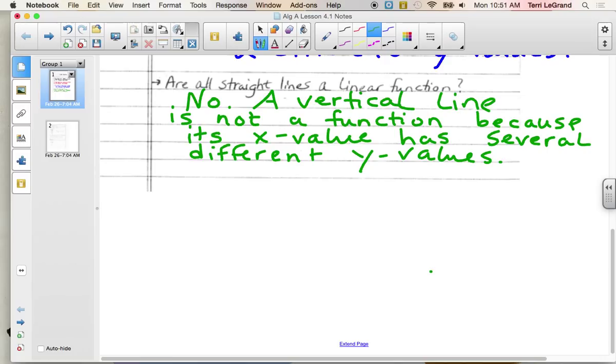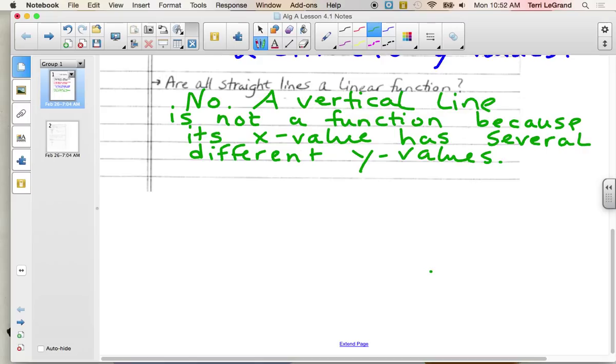The vertical line is not a function. It's the only straight line that is not a function, because it has only one x value, and that x value has several different y values.